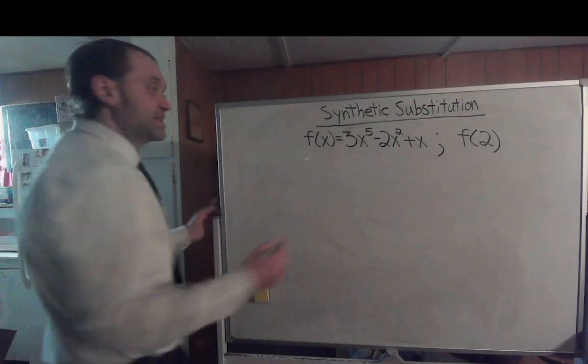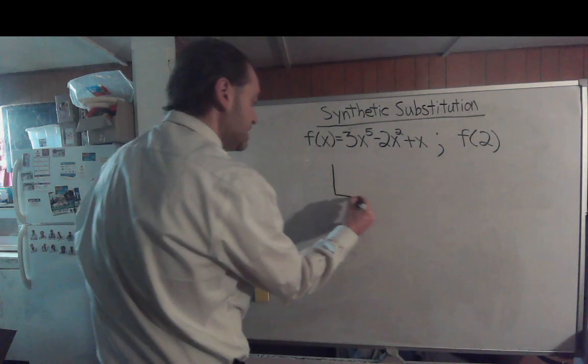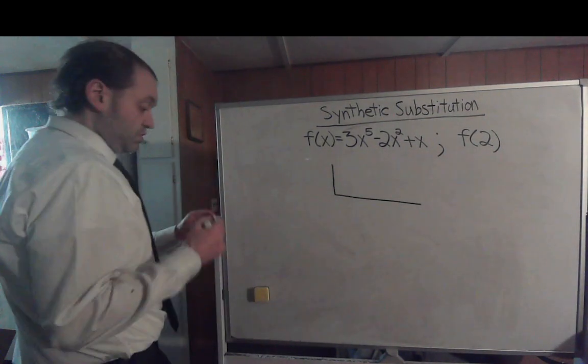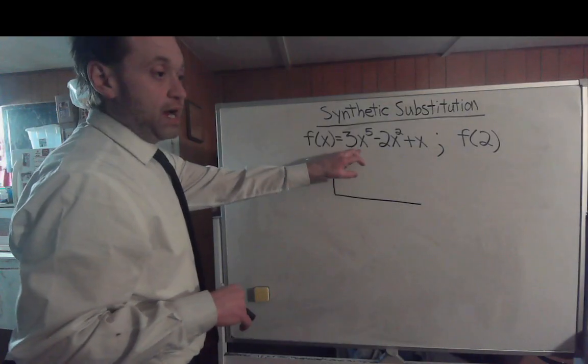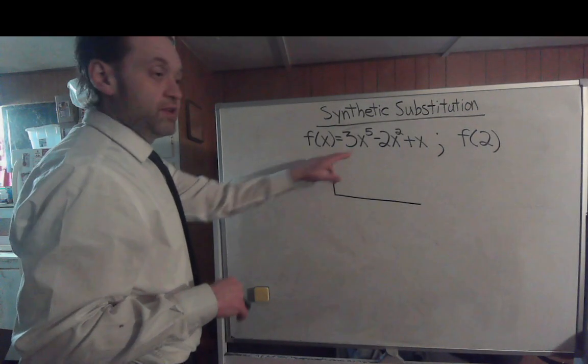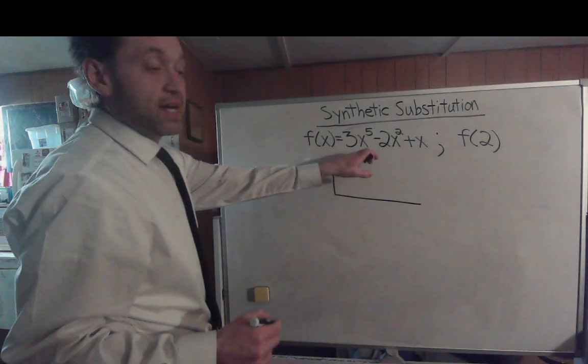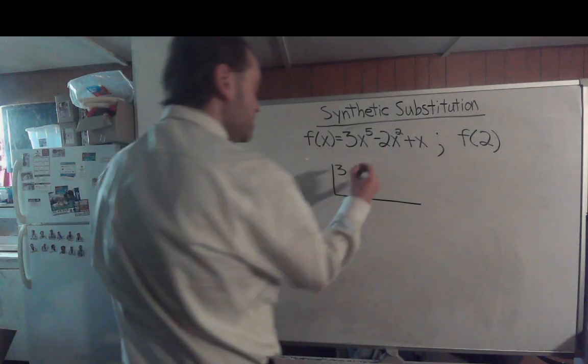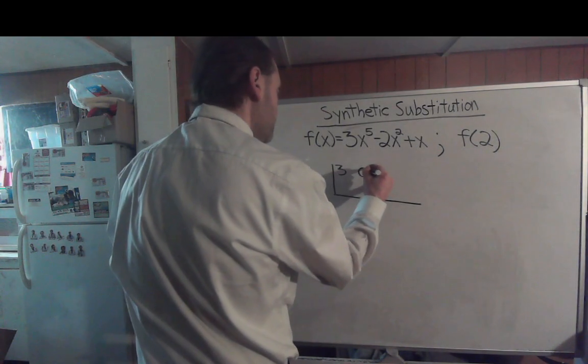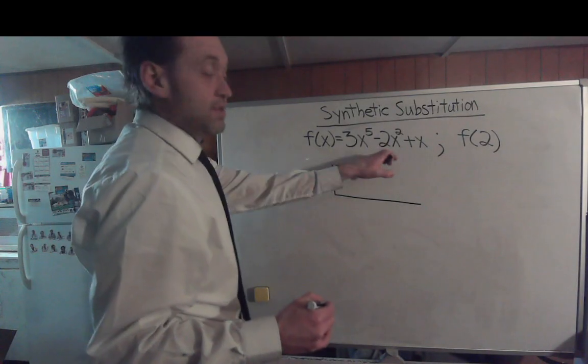So go ahead, let's set up our synthetic substitution table here. Start with the highest power, the fifth power, the leading coefficient, which is 3. Now notice you have no x to the fourth term, so the coefficient on the x to the fourth term is 0. You also have no x to the third term, so that coefficient is also 0. The coefficient on x squared is -2.